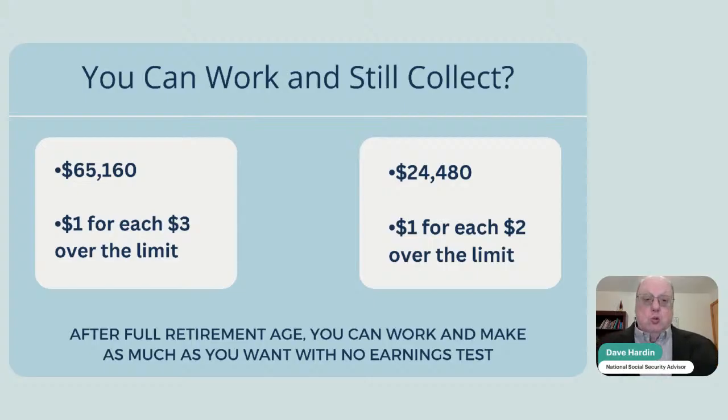So if you're born in June, your full retirement age is in June. Well, if you earn more than $65,160 before your FRA, for every $3 over that, they're going to take back $1 of your benefit.